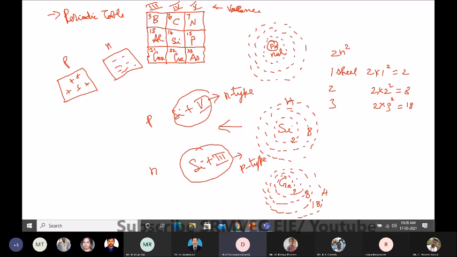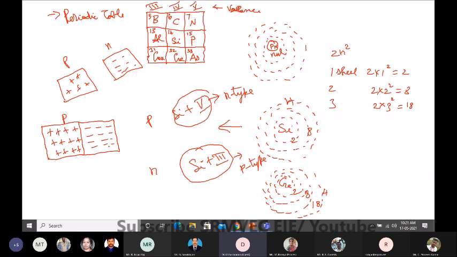So when joining, what will happen? A P-type material and an N-type material are joined for the first time. Here there is an excess of holes in the P type, and here an excess of electrons.